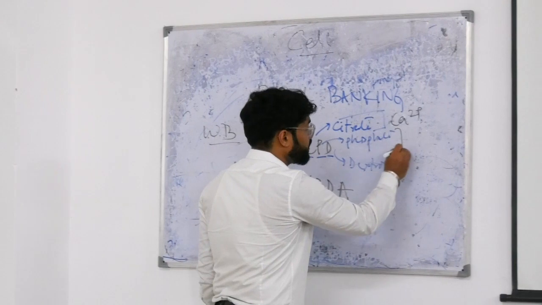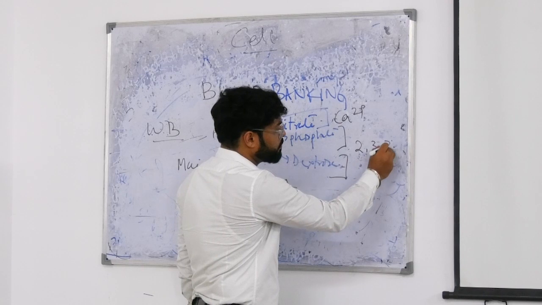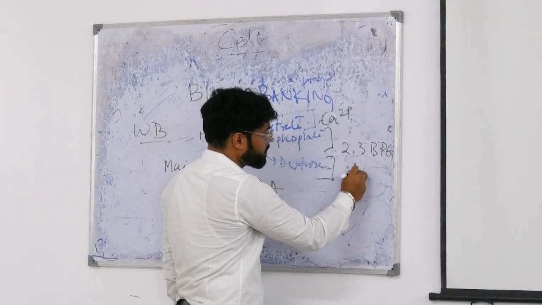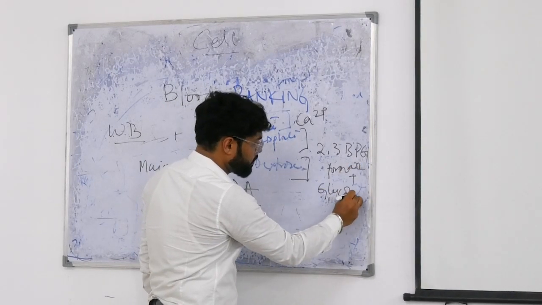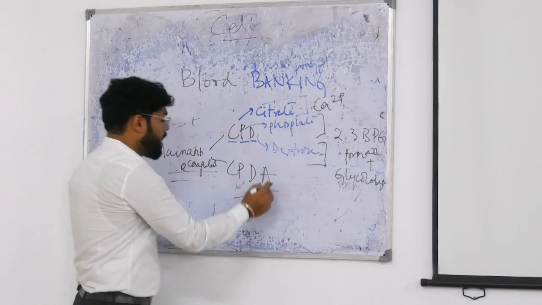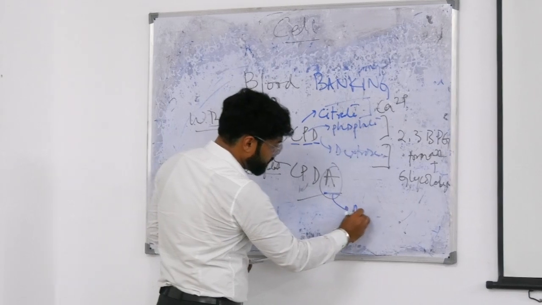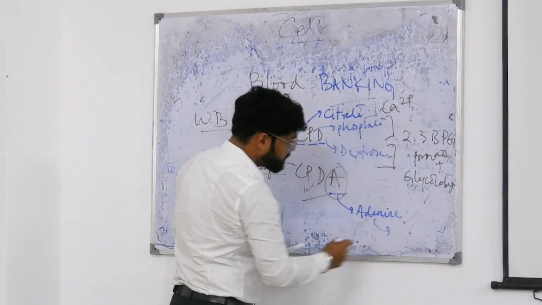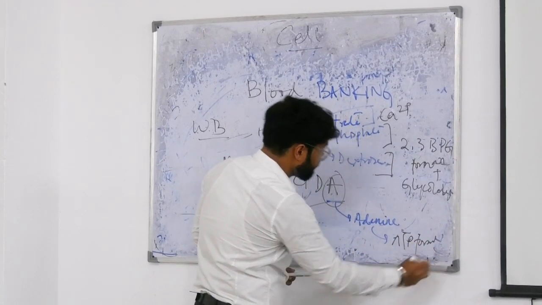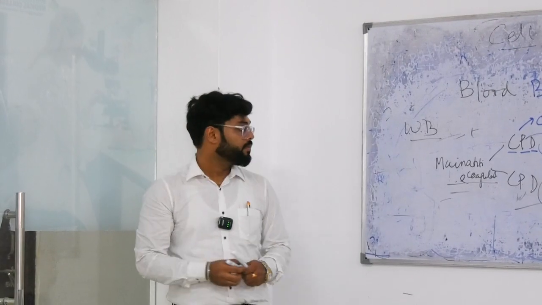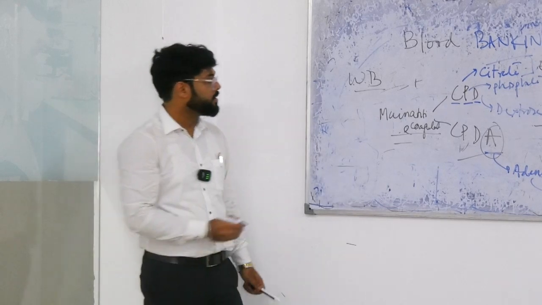Phosphate and dextrose both are used for 2,3 BPG formation plus glycolysis, and there is adenine. CPDA stands for adenine. This is used for ATP formation.